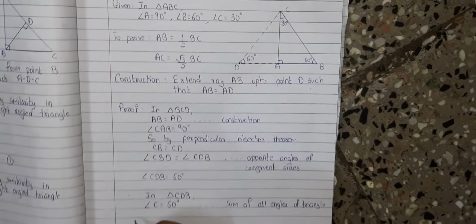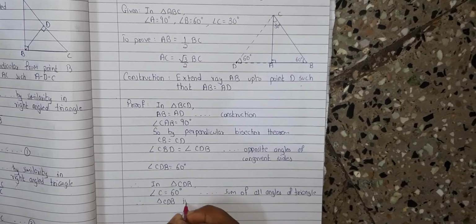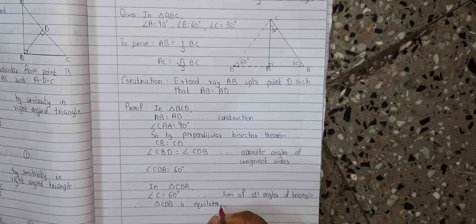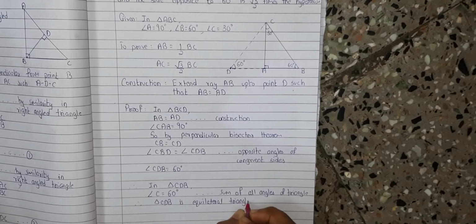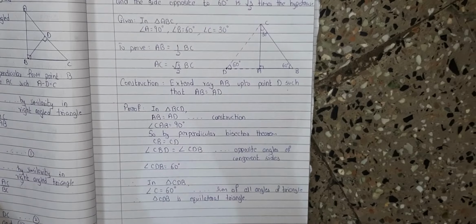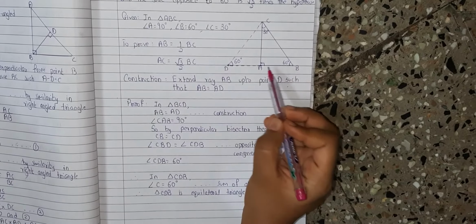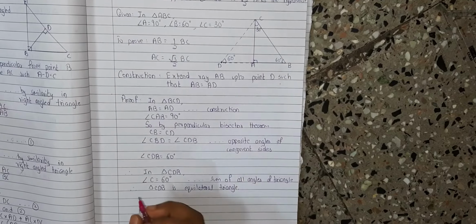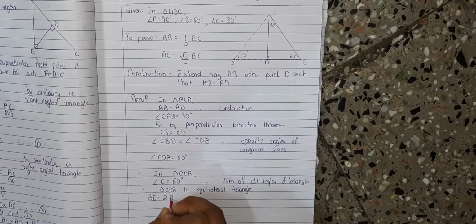So therefore we get triangle CDB is an equilateral triangle. Therefore, as AD divides segment DB in equal parts, we can write BD is equal to 2 times AB.